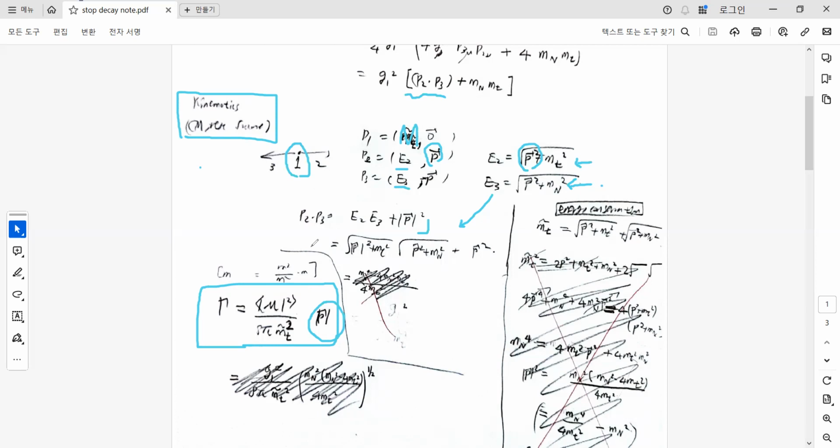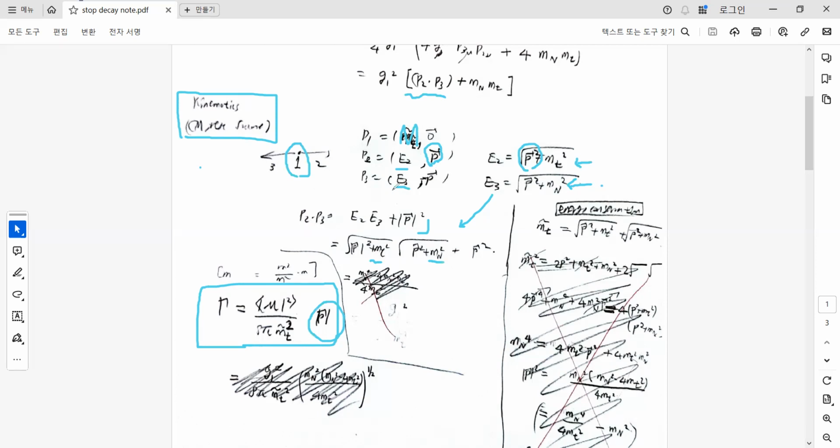We should expand this undetermined momentum p with the known variables, like the mass M, the mass of the top and the mass of the neutralino.